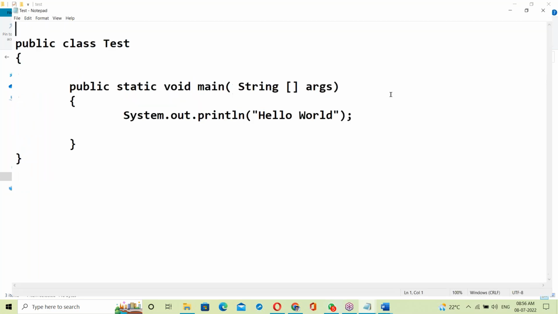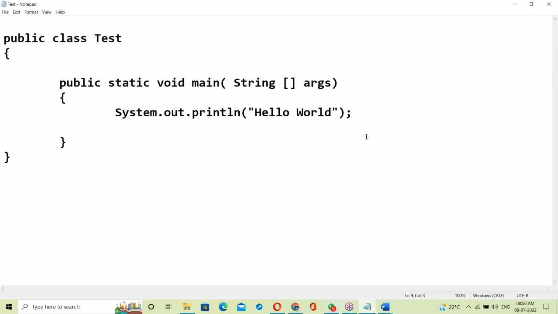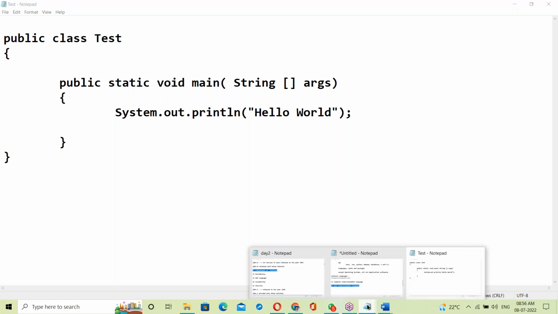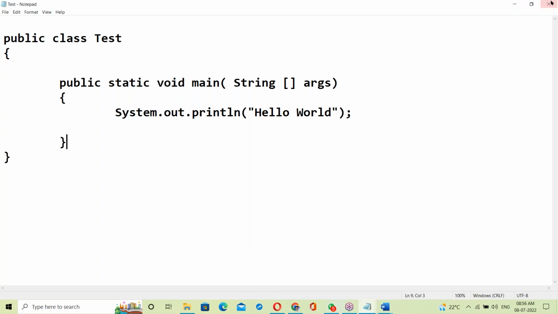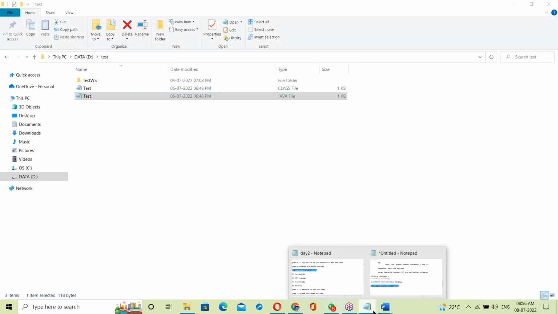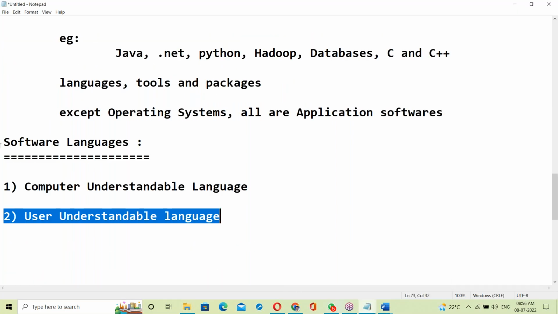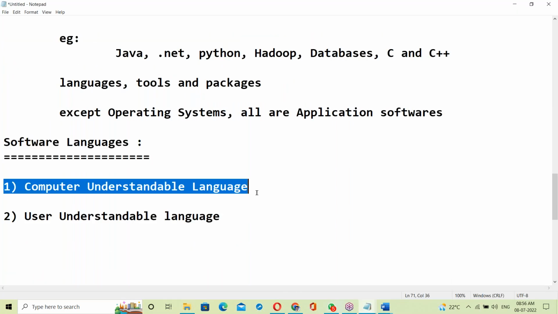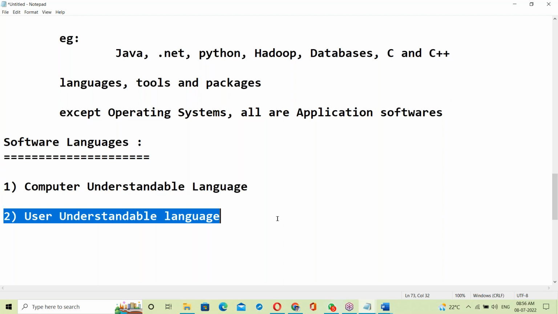It also looks like English. C program looks like English, Java program looks like English, Python looks like English. So these are called user understandable languages. C++, Java, Python are all user understandable languages. And next, computer understandable language.